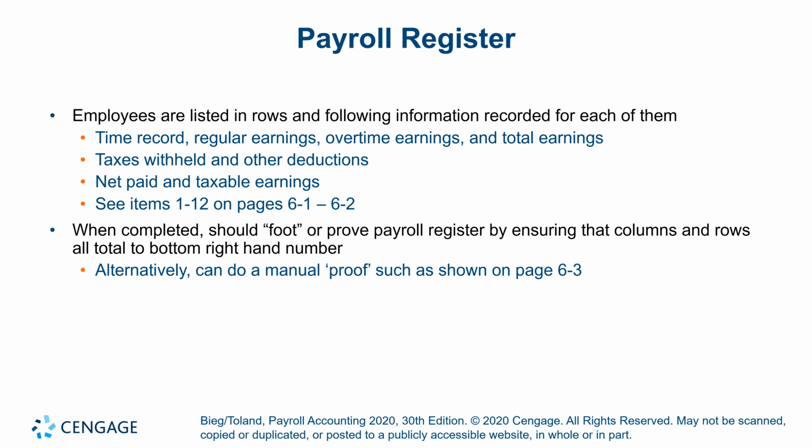There's an example of this in your book on pages 6-1, 6-2. When completed, you should foot and prove the payroll register by ensuring that columns and rows all total to the bottom right-hand number. The bottom right-hand number is the net pay. Alternatively, we could do a manual proof, but most companies use an electronic system.